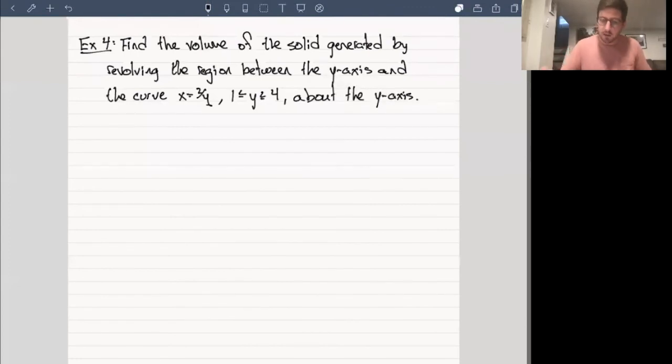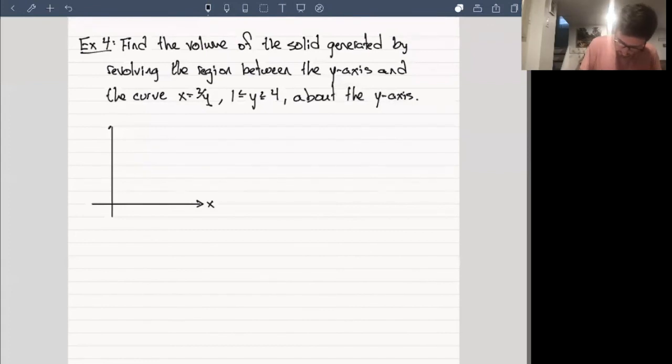So same as always, we've got to start with a sketch. Here, the function is given by x equal to 2 over y, or that's the same as y is equal to 2 over x. So you've got that singularity at 0, and this is x is equal to 2 over y.